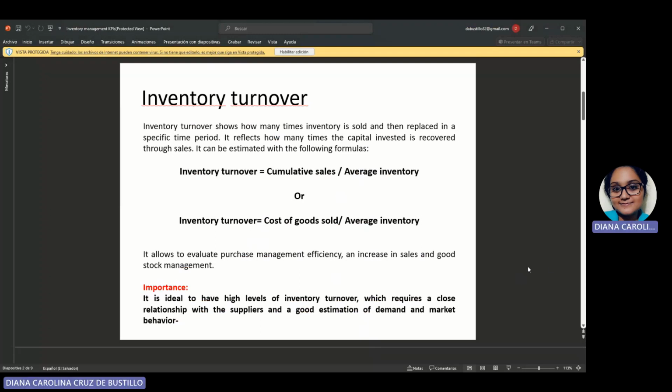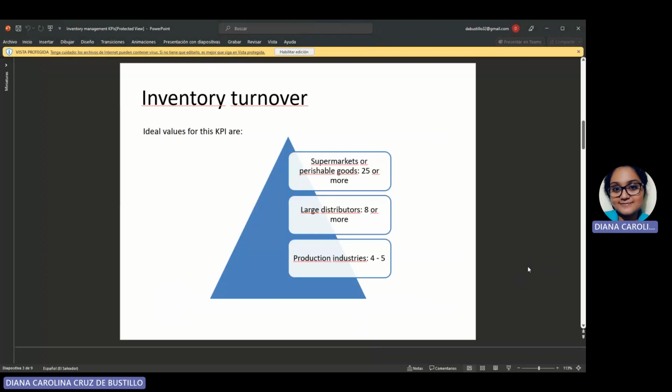Okay, so let us check some exercises. But before that, just for you to have some parameters on which would be the ideal values of these ratios. As you can see here, a production company should be having this ratio around 4 or 5, large distributors around 8 or more, and supermarkets or perishable goods, companies that dedicate themselves to sell these types of items, should have inventory turnovers of 25 or more.